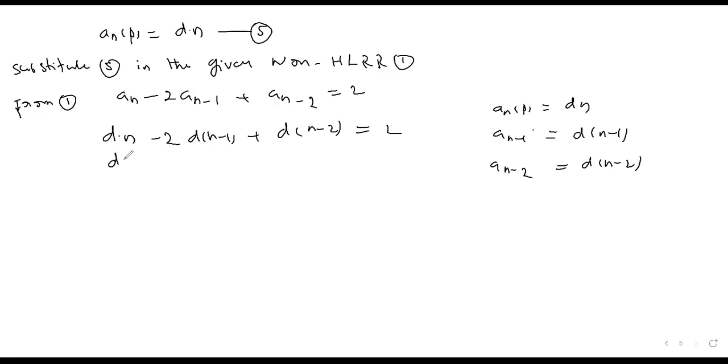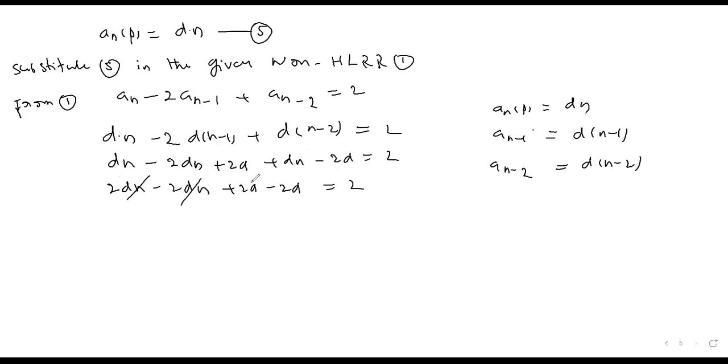Again simplify this one: Dn minus 2Dn plus 2D plus Dn minus 2D equals 2. See here, Dn minus 2Dn plus Dn plus 2D minus 2D equals 2. Finally, these cancel, these cancel. Finally 0 equals 2. This is also wrong. Am I right? Yes or no? Are you understanding?